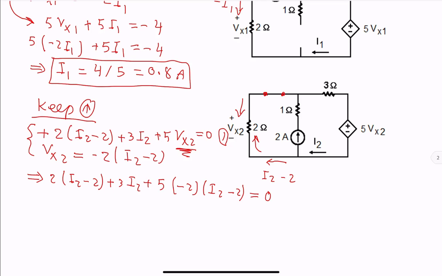Simplify. We have negative 5I2 plus 16 equal to 0. And that gives us I2, 3.2 amps.